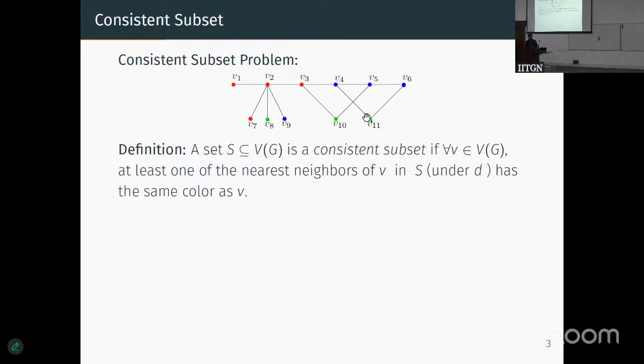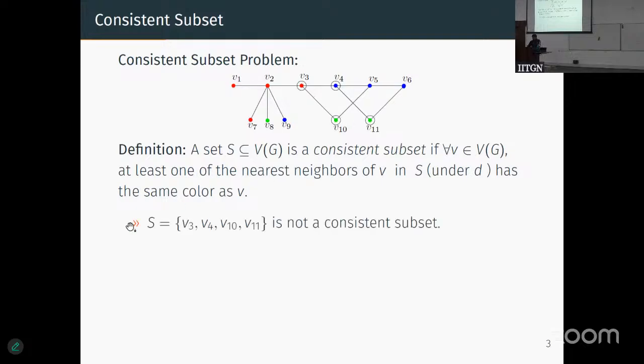Example, suppose this is a graph with colors. Here C will be 3, with colors red, blue and green, which are given. This set S, a subset of the vertex set, is not a consistent subset, because if you see this vertex, its nearest neighbor in the subset S is V3, which is of a different color.